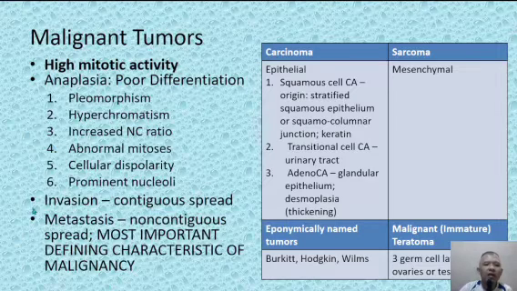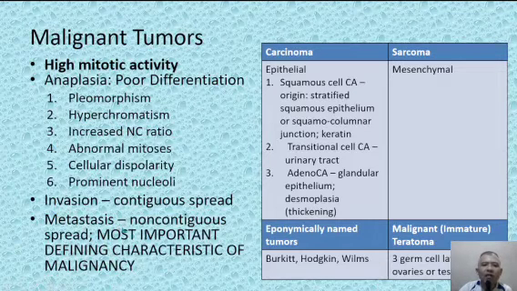Malignant tumors either invade or metastasize. Invasion is movement into an adjacent or nearby structure. Metastasis is movement to another organ. So when a tumor already metastasizes, it is automatically malignant.